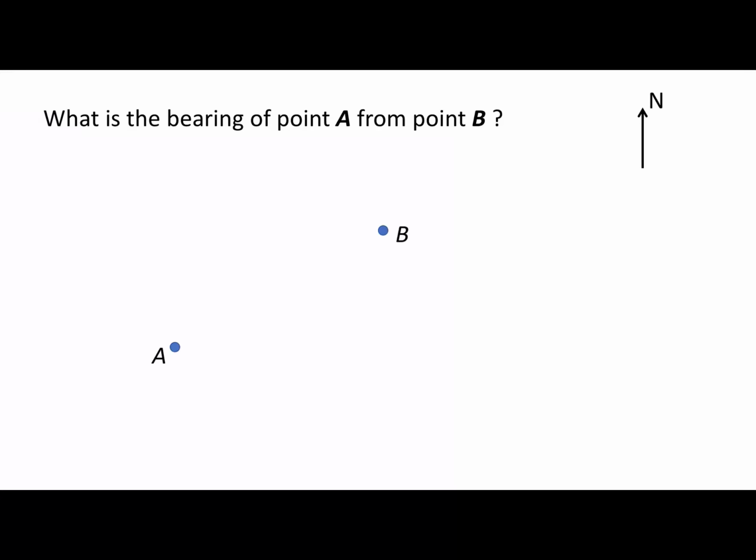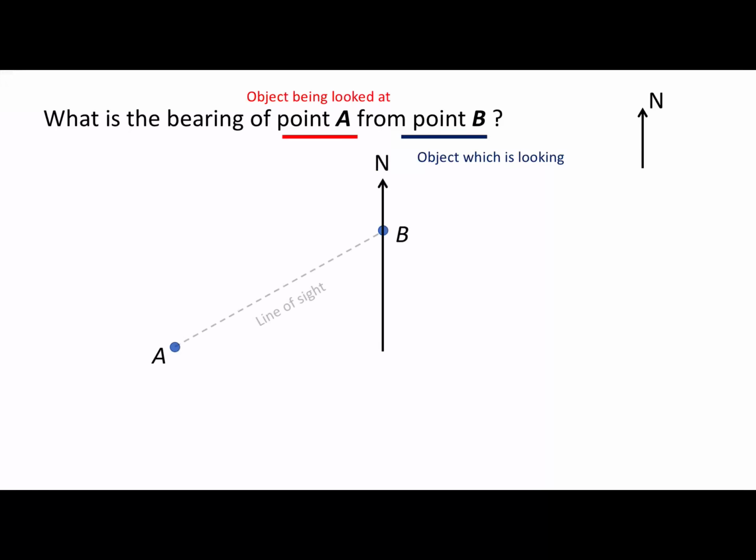Next, the bearing of A from B. So now what is the object that is looking, A or B? B. So at point B, you draw the north line. Once again, don't be too shy. Draw the line as long as possible. Then the line of sight, and then the bearing from the north line to the line of sight in a clockwise manner.